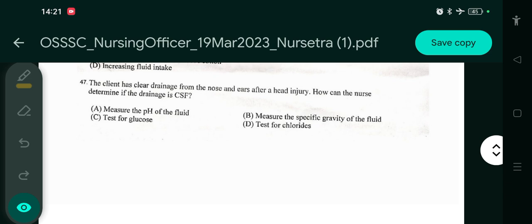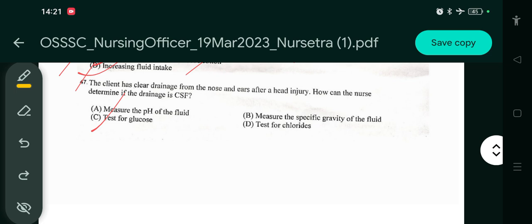Okay, so in CSF, as you already know, glucose is present, so we can test whether the fluid is CSF or not by testing glucose. So option C is correct. Why not the other options? Measure the pH of the fluid: we can measure it, but that is not how we identify whether it is CSF.